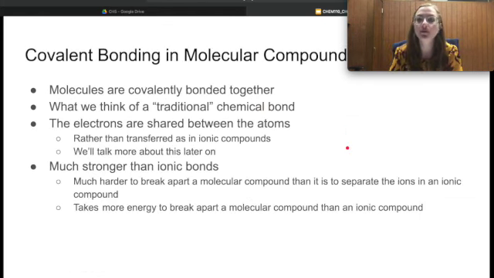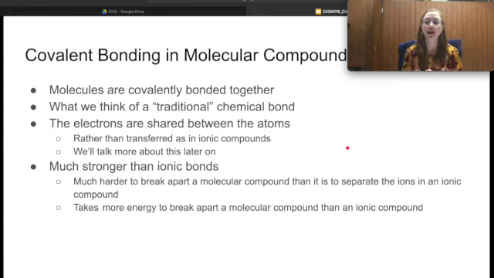So how are these molecules made? These molecules are made through covalent bonding, okay? We talked about ionic bonding because we were thinking about ions that were positively and negatively charged, so they attract each other.